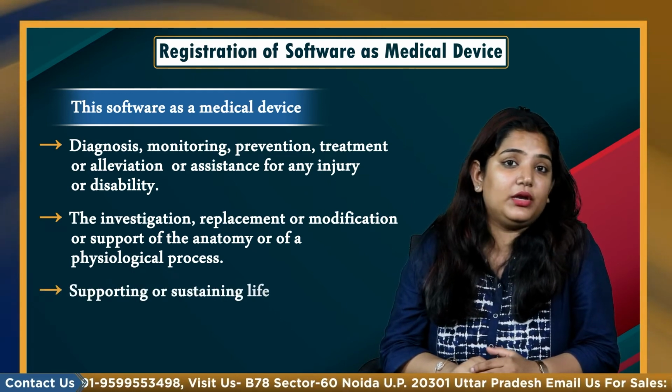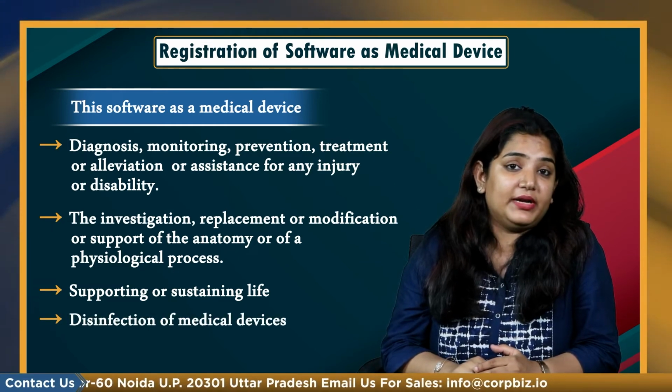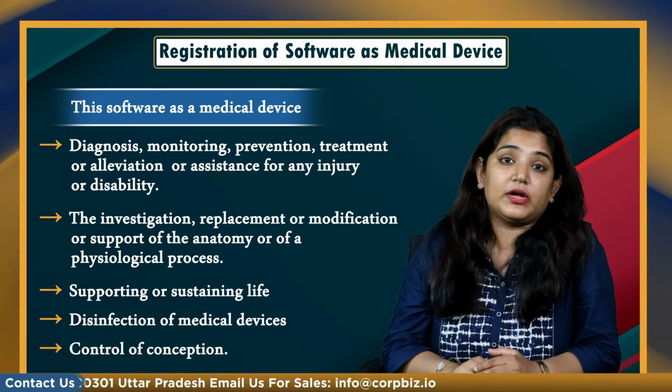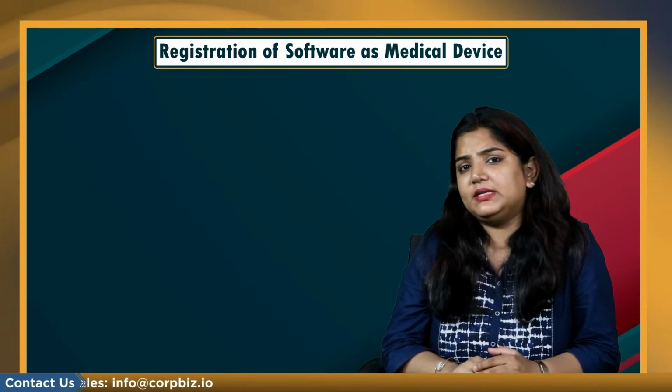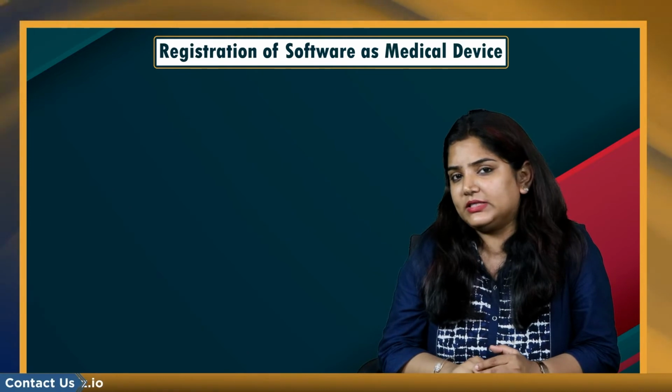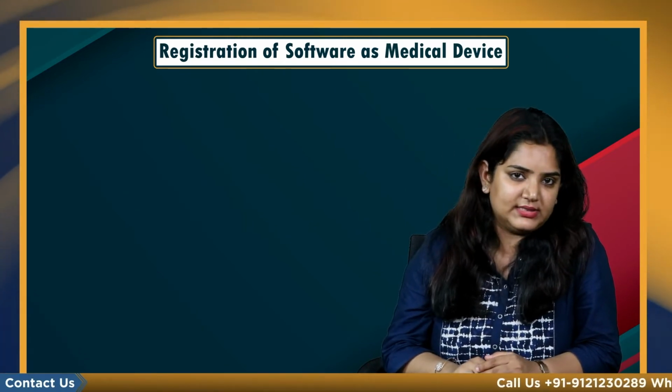Thirdly, supporting or sustaining life. Fourthly, disinfection of medical devices. Fifth, control of conception. Earlier, software as a medical device was limited to the context of clinical investigation and in relation to in vitro devices.